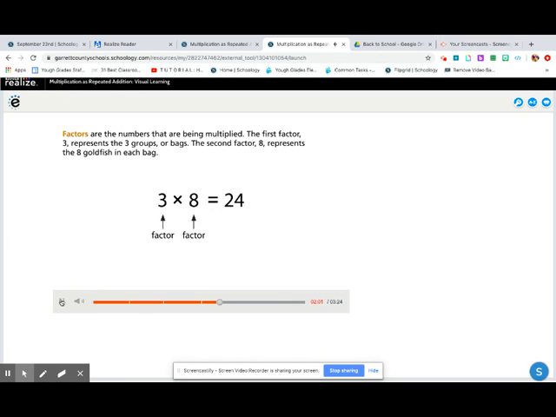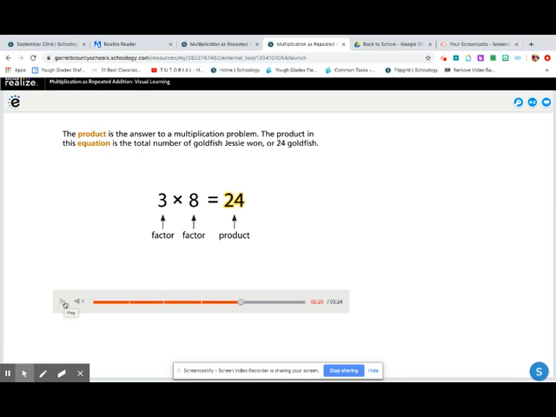Factors are the numbers that are being multiplied. The first factor, 3, represents the 3 groups, or bags. The second factor, 8, represents the 8 goldfish in each bag. The product is the answer to a multiplication problem. So the key thing here is to always know how to say how many groups you have and how many in each group.